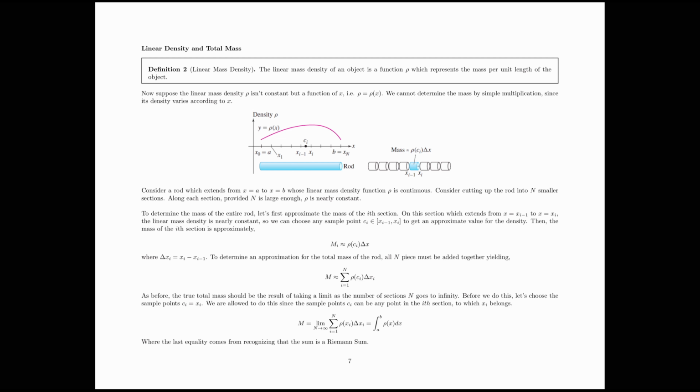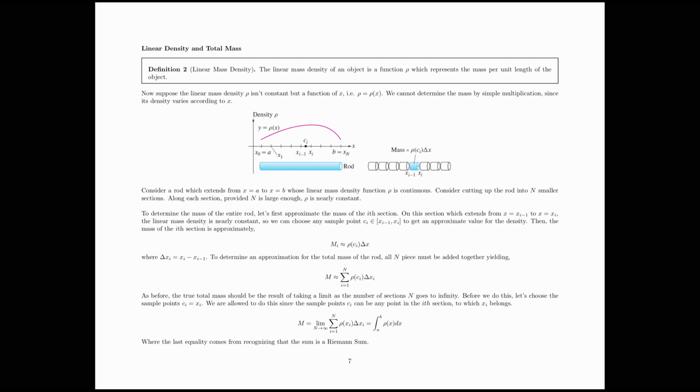Then, although the densities are different at the two ends, we can effectively approximate the density of this first little piece as the same throughout the entire piece, equal to the density at just this farthest x value. So if we take this back to the x-axis, we would say that the density of this chunk here is just the density at this x1 value. And for the second chunk of the rod, we would say the density is the same throughout, and it's equal to the density at this x2 value.